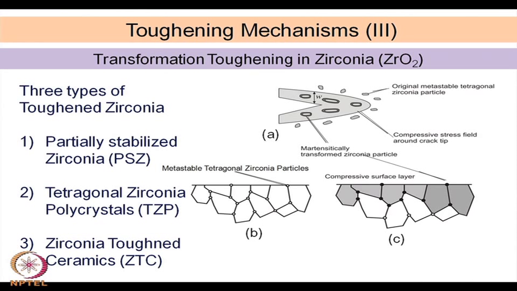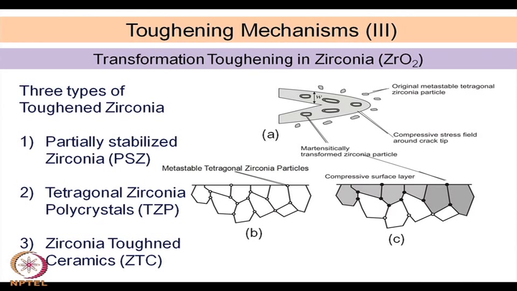So, a sufficient amount of either calcium oxide, magnesium oxide or yttrium oxide has to be added, so that the high temperature cubic phase gets stabilized at room temperature, and that is one of the materials used as an ionic conductor in a different context. But this material also has a very interesting property so far as the mechanical property is concerned.